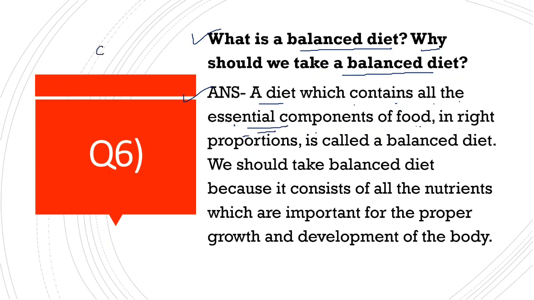The essential components are carbohydrate, proteins, fats, vitamins, roughage, and good amount of water. Okay, and all types of minerals, more or less in amount. Clear? Okay, so these are the food components which are needed in right proportion, called a balanced diet.